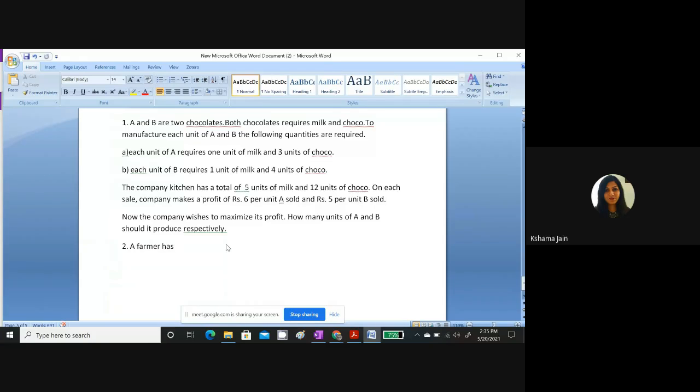A farmer has recently acquired a 110 hectares piece of land. He has decided to grow wheat and barley on that land.